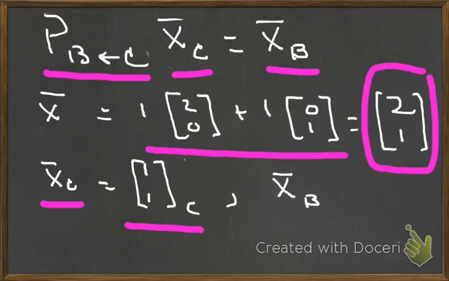We sometimes use the standard basis so we can compare vectors that are written in terms of different bases, because if they're both written in terms of the standard basis, we know what they look like. So as a first part of this problem, I have written the C vector in terms of the standard basis to see that that is the vector (2, 1).